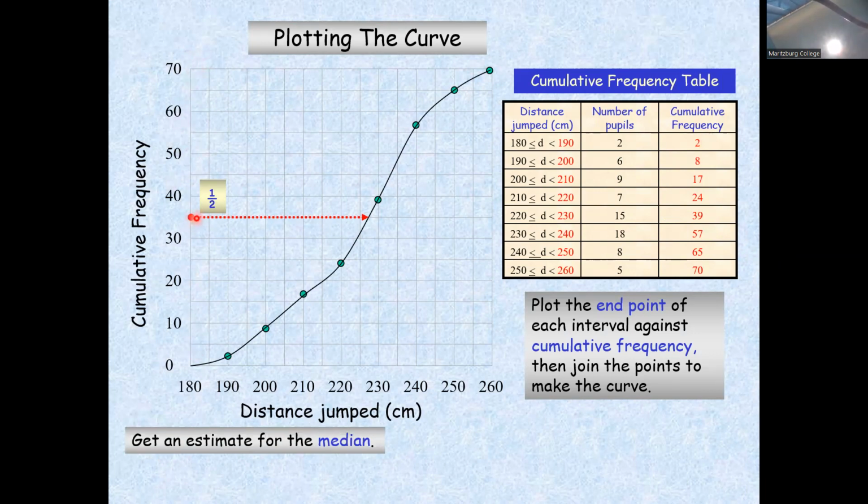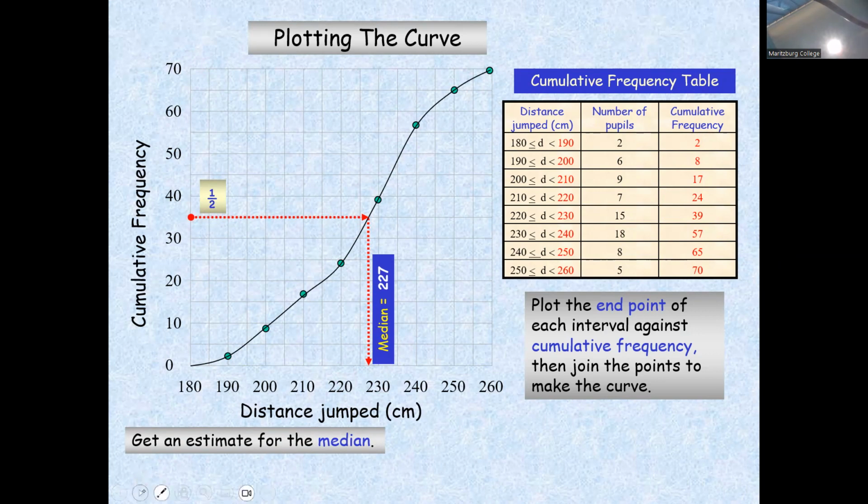So we go to 35, that's our halfway point, and draw a line. From that point, we come down, and that gives us a median sitting just below 230. So that's about 227 estimated, give or take one value on either side.